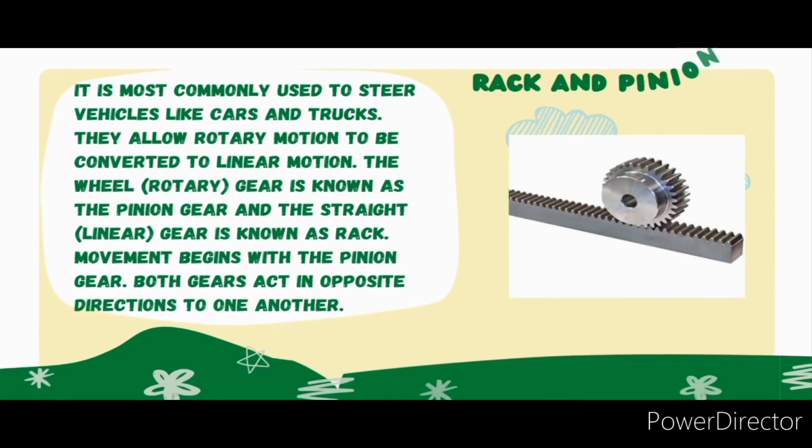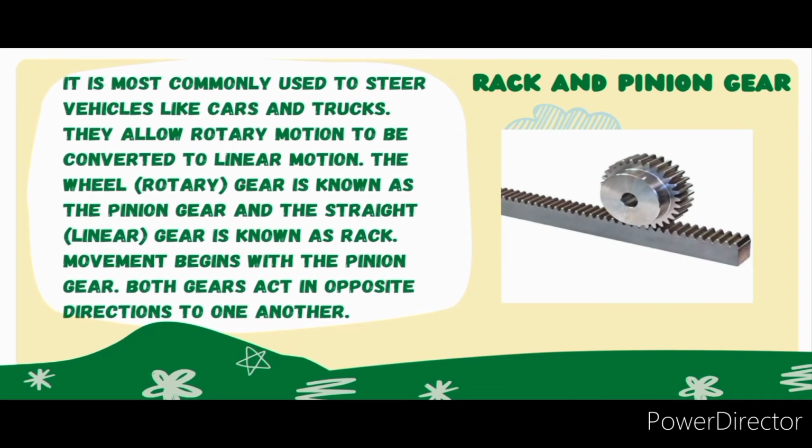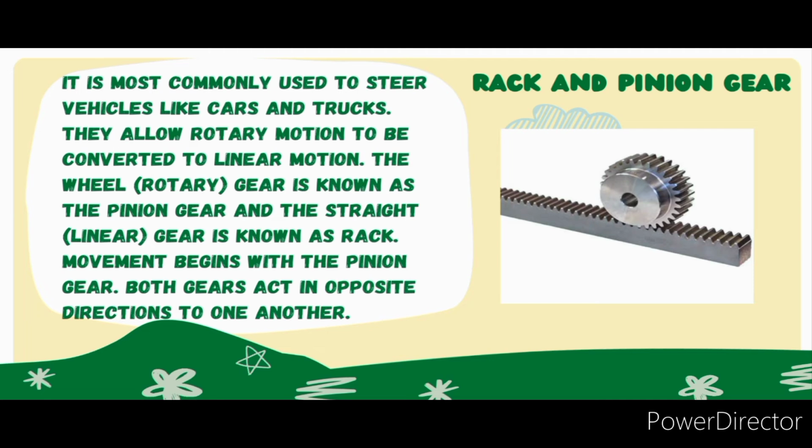If you see a rack and pinion, you will see a round wheel, then a straight gear attached. What a rack and pinion does is convert that rotary, round movement, to a straight movement.